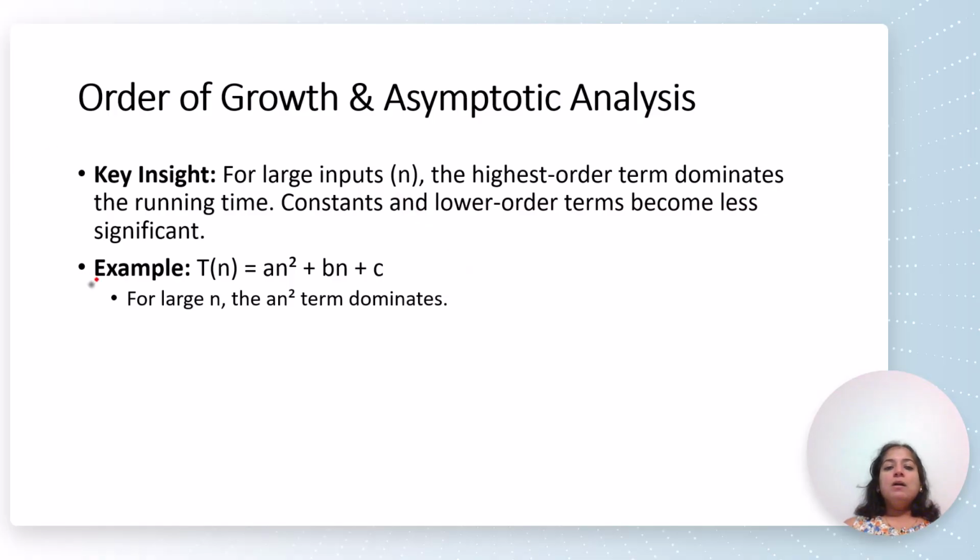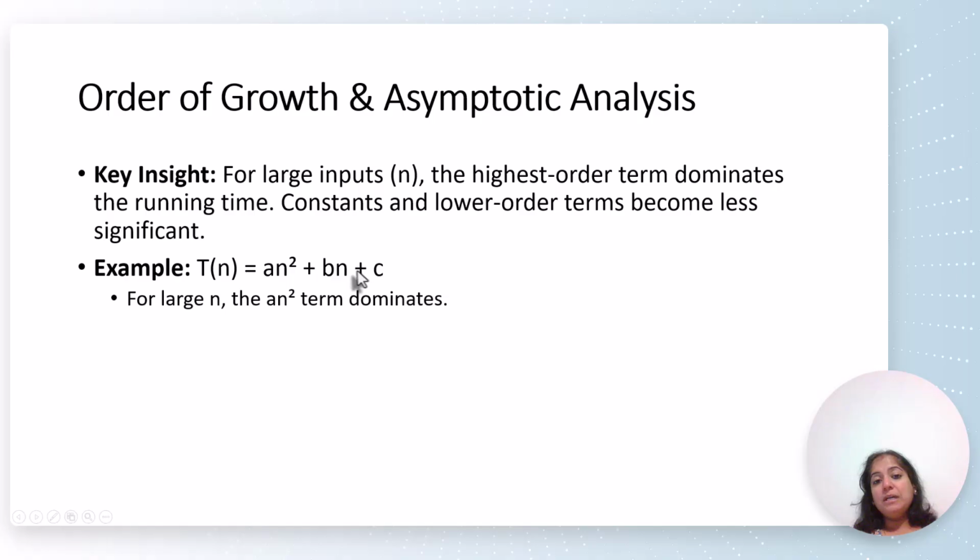So first of all, if the equation of my algorithm can be written in this form, like an square plus bn plus c, where n is the input size, then constants and lower order terms become less significant. That means we do not count c, as it is a constant, so we will leave this term.